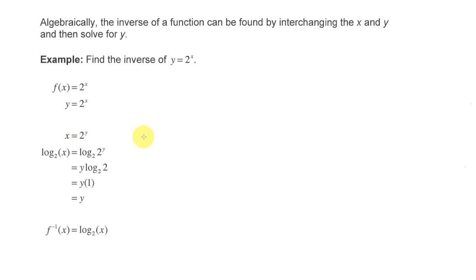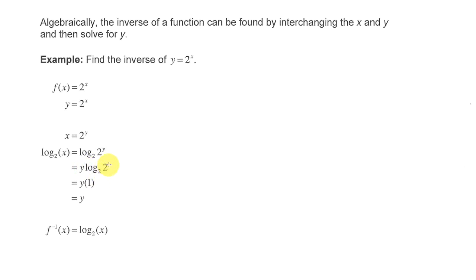I now want to make y the subject, so I want to get y by itself. So what I'm going to do is take log base 2 of both sides here. The reason I've chosen 2 is because if I take log base 2 of 2 to the y, the y will come down, and then log base 2 of 2 simplifies to 1, which is great. That's what I want to achieve.